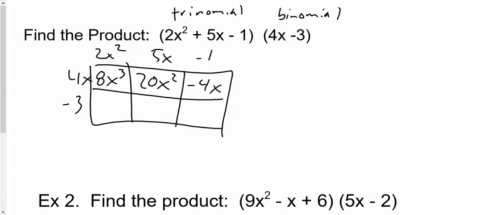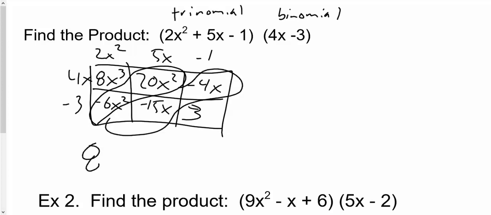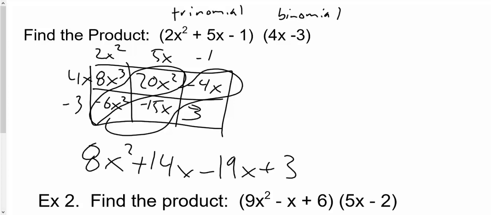It just takes a little bit more time. And then you're going to see the like terms here and the like terms here. So 8x cubed, negative 6 and positive 20 is 14. Negative 4, negative 15 is negative 19. And then plus 3. So that's an example of a binomial and a trinomial. You just use a larger box.